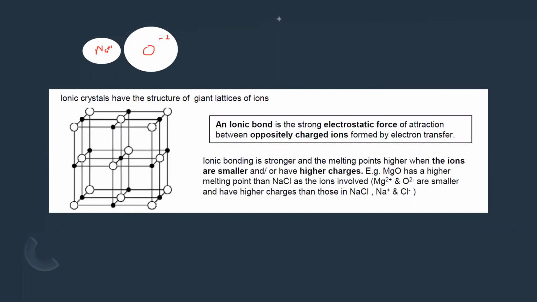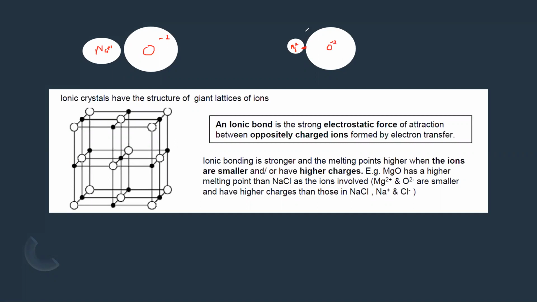And if there is a magnesium ion, the magnesium ion is smaller in size compared to the sodium ion. So ions will be closer.